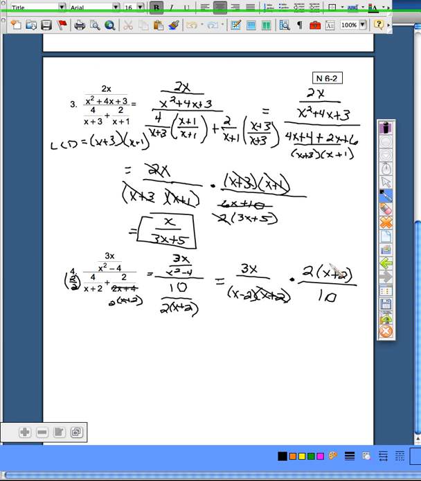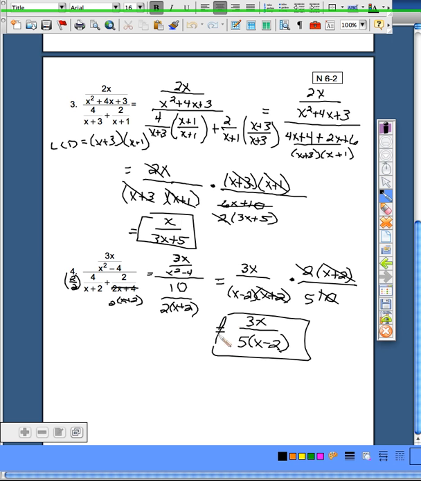Well, x plus 2 will cancel. Those factors match. 2 will go into 10 5 times. And so there's not an x by itself. Remember that I can't cancel this x of this factor. The whole factor has to cancel. So in the numerator, we're left with 3x, and that's over 5 times x minus 2. And that'll be your answer.